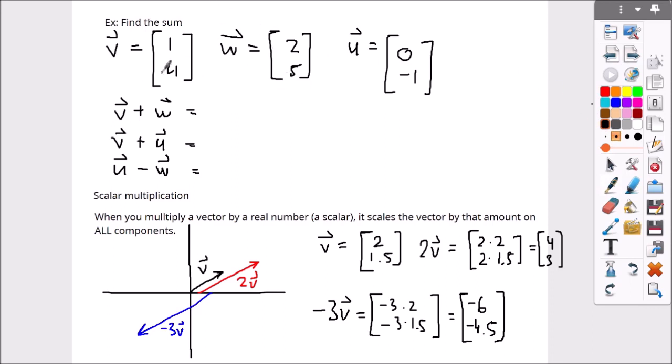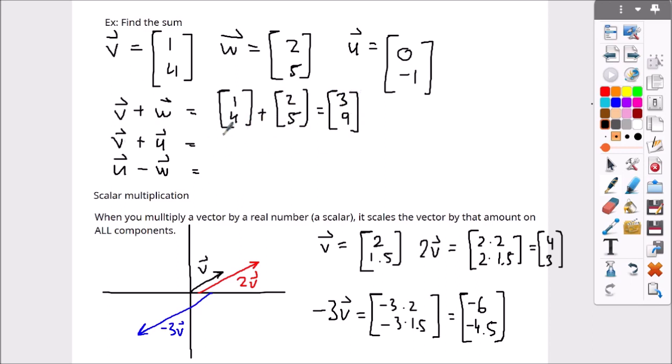Let's do the examples first. So v plus w with these, you don't have to draw them out tip to tail. I'm not going to because that'll take too long. v plus w is 1, 4 plus 2, 5, and if you add horizontally, you will get 3, 9.